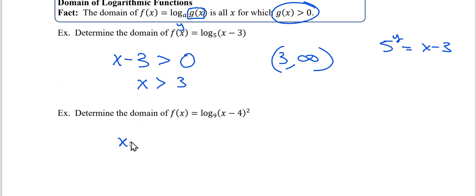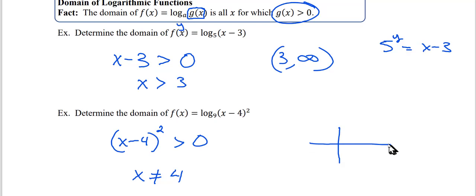In this case, we want x minus 4 squared to be greater than 0. Well, the good news is that x minus 4 squared is always greater than 0, except when it's equal to 0. No matter what I plug in for x, except for 4, it can't be 0.